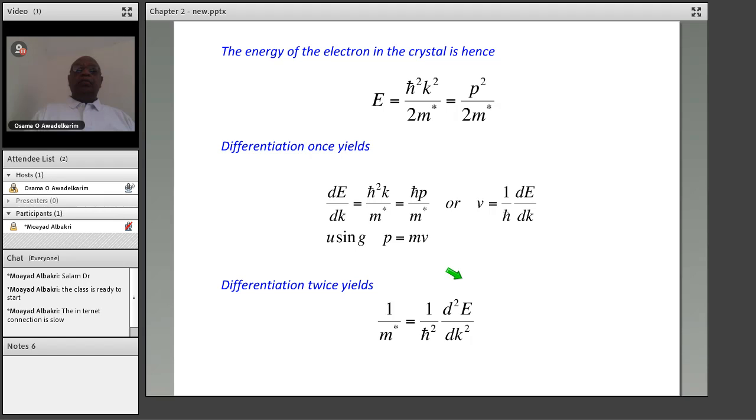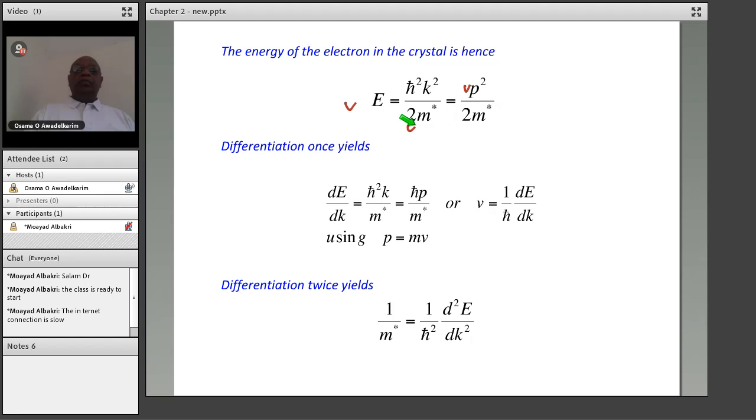However, in theory, for the energy of the electron, now all the internal forces are blamed on the mass, or lumped into the mass. So the total energy is all kinetic: ħ²k², which is the momentum squared, divided by 2m*, where m* is the effective mass. I'm lumping all the effects of the internal forces into this effective mass.